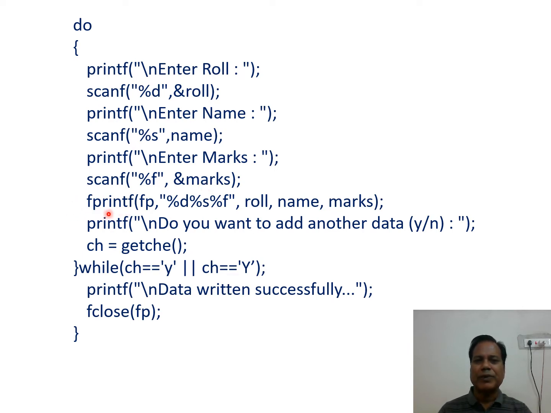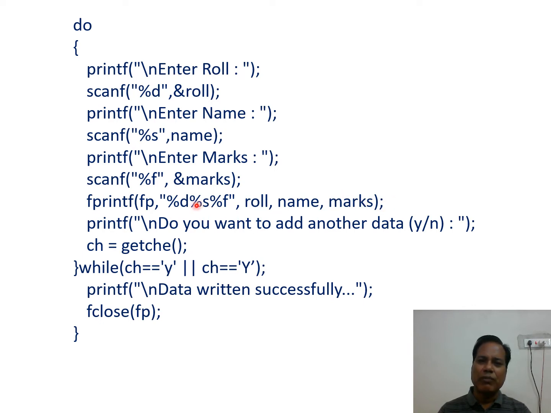Then the fprintf function prints the entered data in the file pointed to by fp, with %d, %s, %f. The roll number is printed at the place of %d, the name is printed at the place of %s, and the marks are printed at the place of %f.